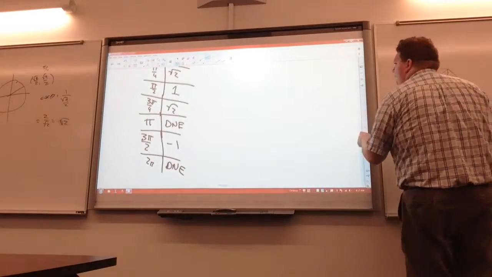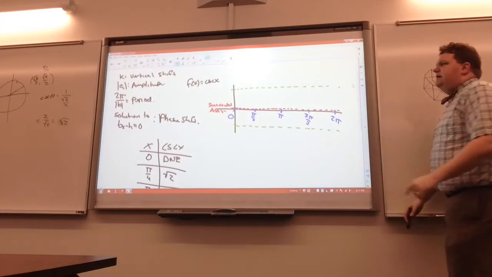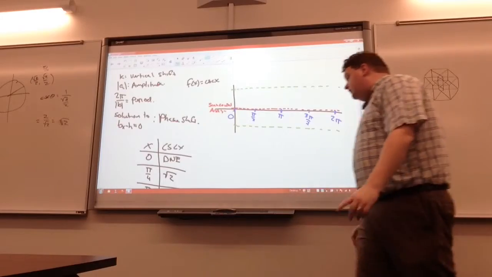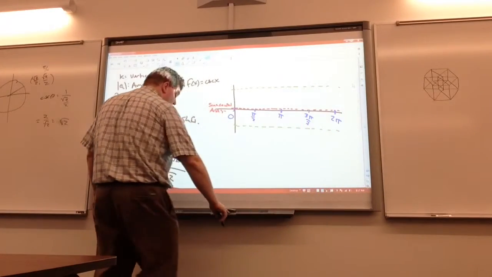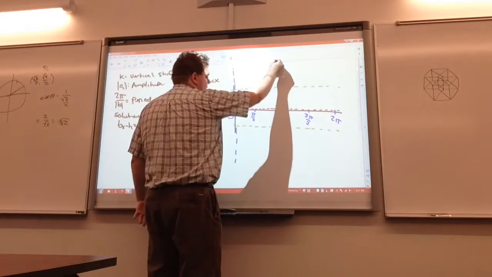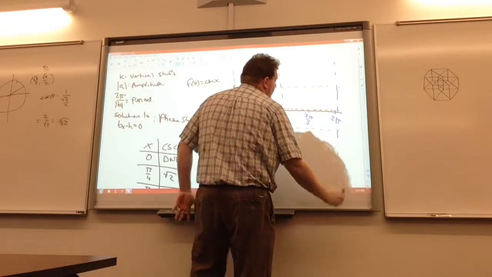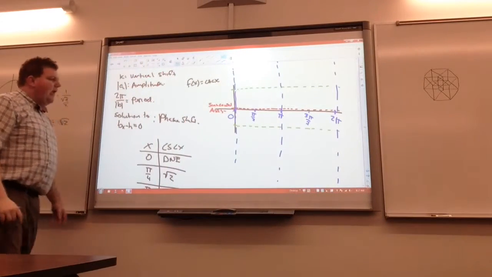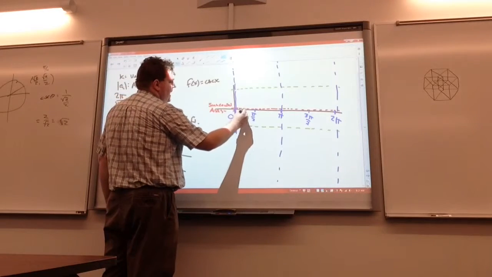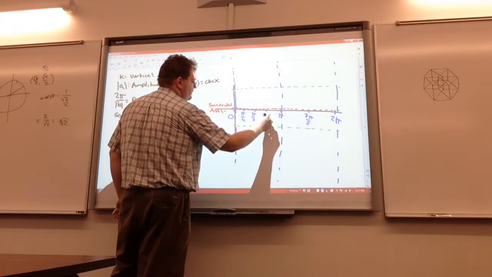In fact, wherever the sine graph would return to the sinusoidal axis, the cosecant graph would have an asymptote. So this thing actually has asymptotes, which I can mark. There's one right there at 0, one right there at pi, one right there at 2 pi. And filling in the other locations, we did pi over 4 and 3 pi over 4.